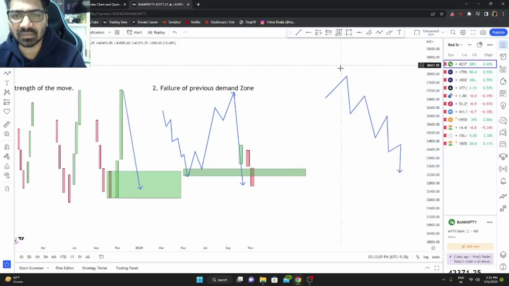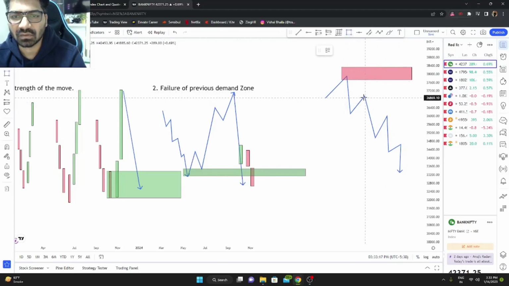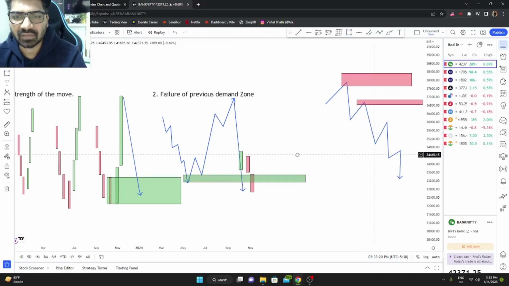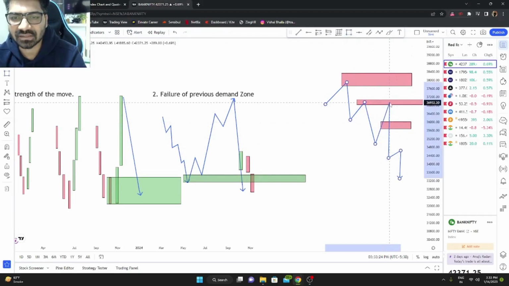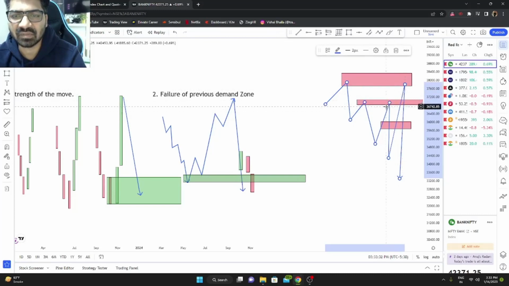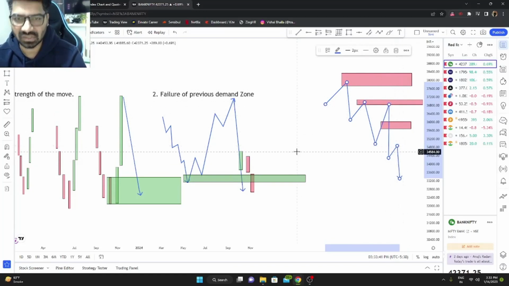So this will be a supply zone, this will be a supply zone, this will be a supply zone. So once the prices touch this, it is no longer valid. If the prices are coming back again, there are chances that it can break this and come up here if it has been mitigated earlier. If it is not mitigated, it can probably come here like this and go down. So you have to look at the freshness of the zone while identifying those areas.